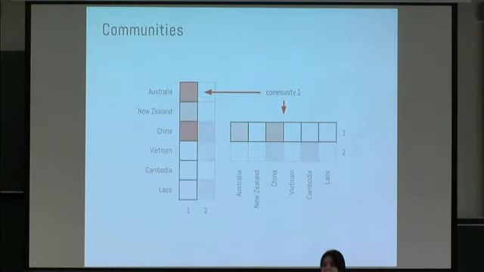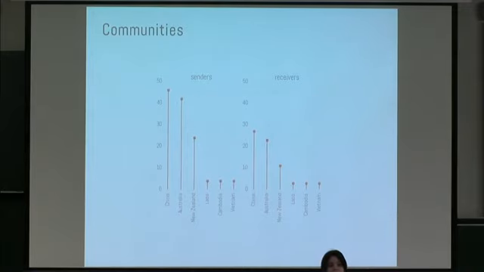Together, the sender and receiver factors for a single community, for example, community 1, as I've depicted here on this slide, provide a characteristic signature for that community, specifically who the top senders and top receivers are.